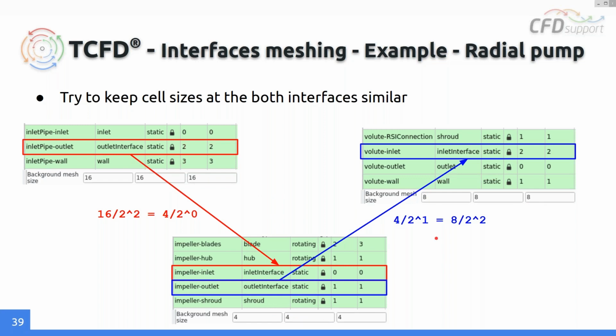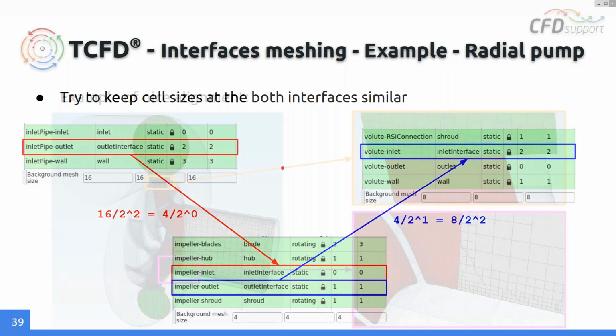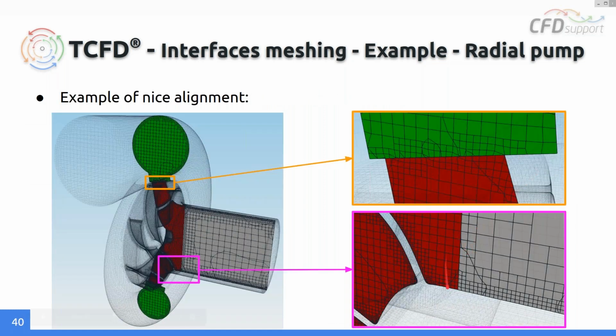If I do it in a clever way and adjust the surface level refinement for the particular interfaces, I can simply get a nice matching of the mesh at these interfaces, between the impeller and volute and between the inlet pipe and impeller, for example.